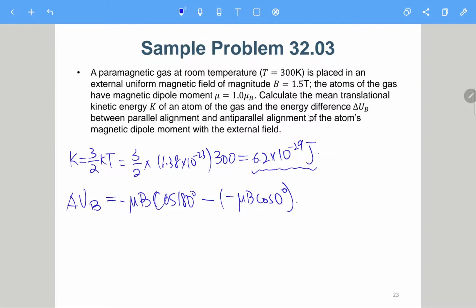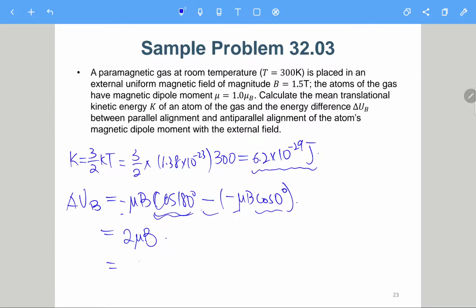We would like to find the energy difference between the parallel alignment and the anti-parallel alignment. So this is the parallel, this is anti-parallel. Cosine 180 degrees is -1, and this is 1. So we have two negatives, which is positive, and here we also have two negatives, so we have 2 mu B.